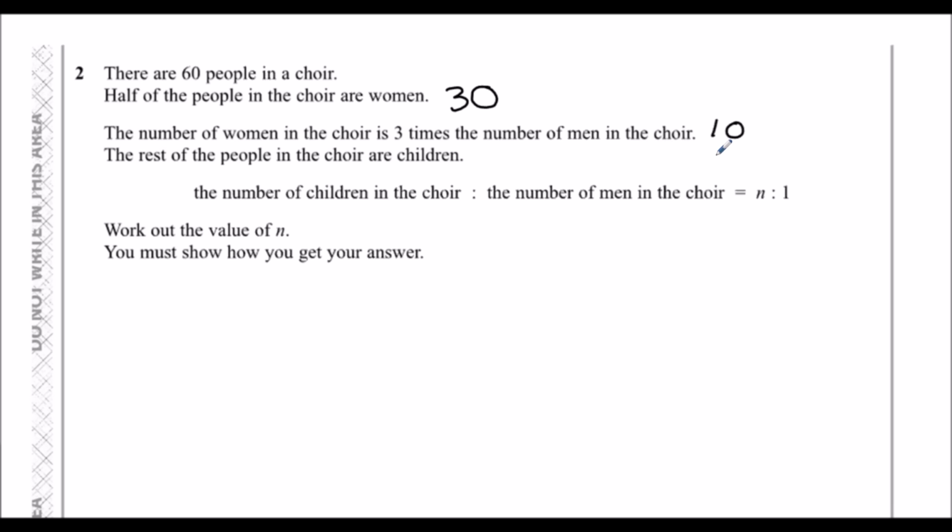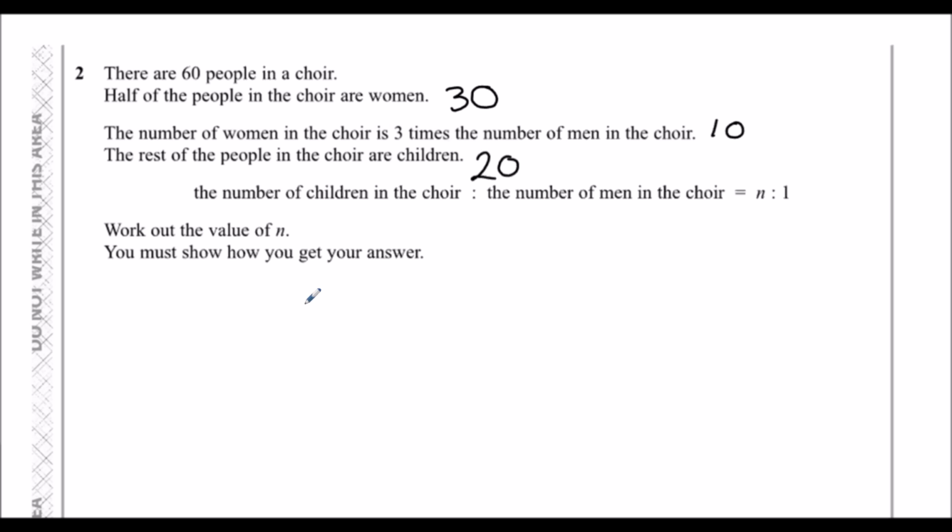The rest of the people are children. So there are 60 people in total. We've got 30 and 10, which is 40, which means 20 more. The number of children in the choir to the number of men in the choir is n to 1. So we're writing the ratio of children to men.